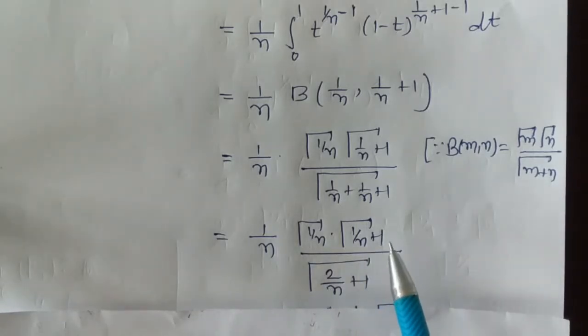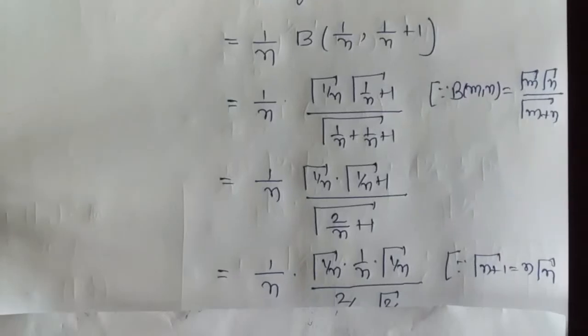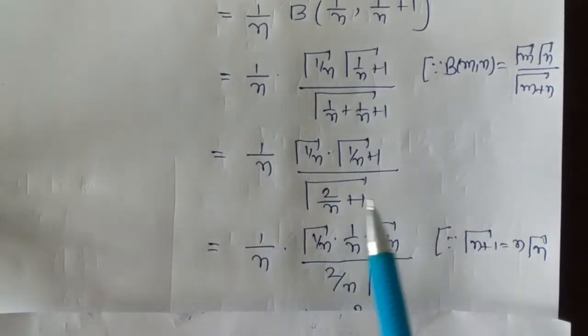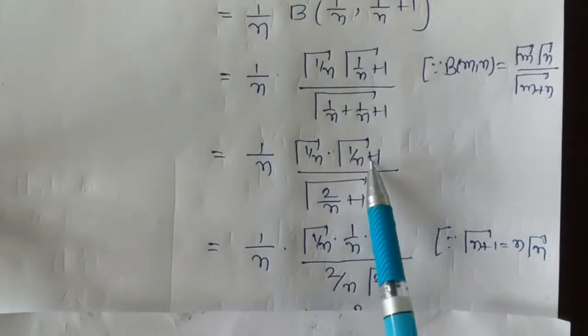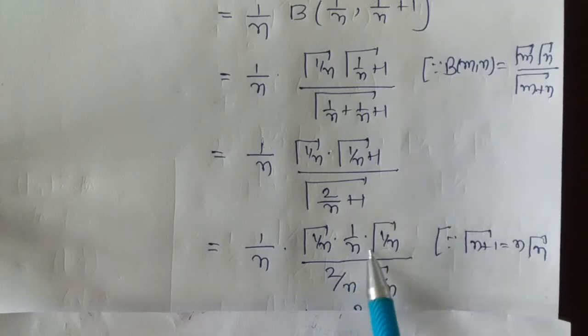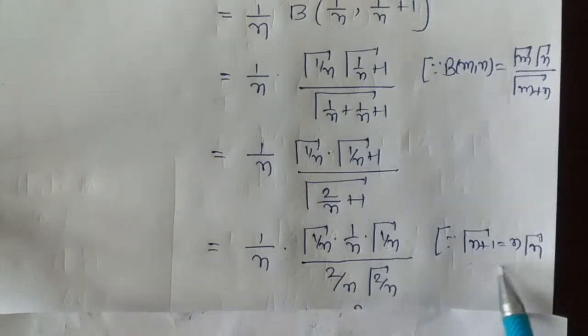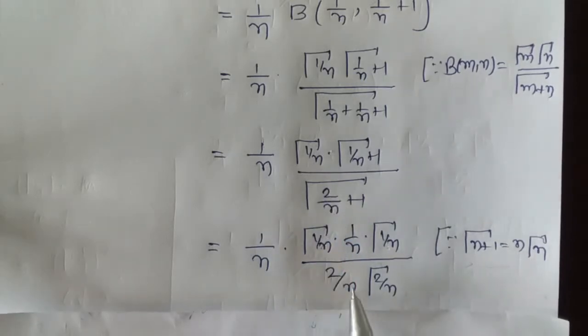Now we use the relation that gamma(n plus 1) is n gamma(n), and therefore gamma(1/n plus 1) is 1/n gamma(1/n) upon, here we have 2/n gamma(2/n), using the same relation in the denominator.